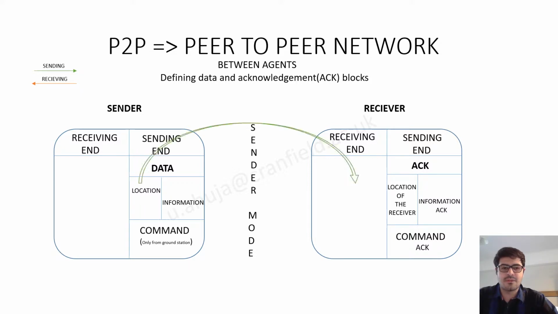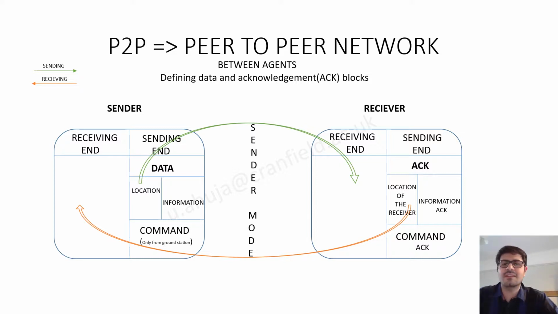So let's say we want to send location to the receiving end. The sender sends location to the receiving end, and the location of the receiver is sent back as acknowledgement. So here what we have done is we have modified our acknowledgement packet.